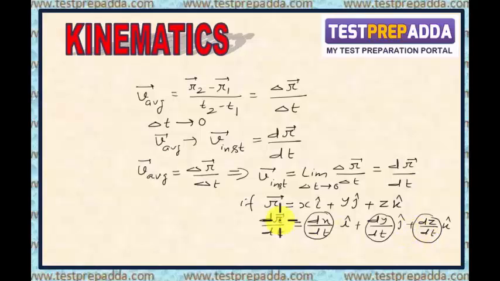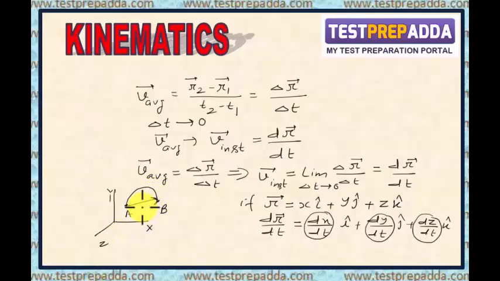Got the idea? And if I talk about the direction of instantaneous velocity vector, if I take x, y, z, consider this as the initial position, this as the final position of the object. Now, this will represent the displacement vector, if the path adopted is this.